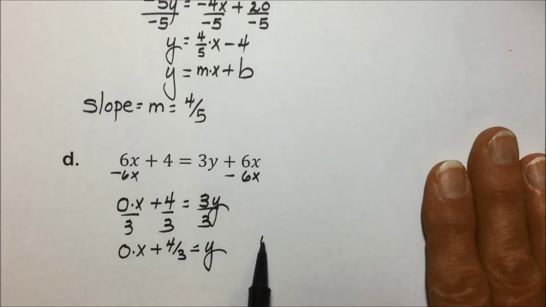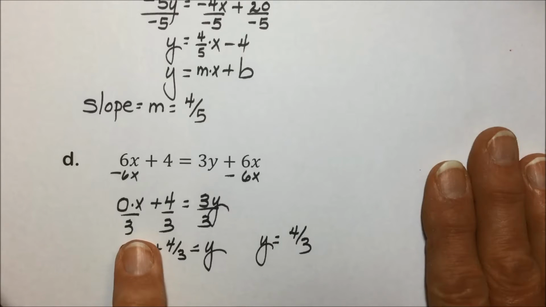Ultimately, this equation is y is equal to 4/3. 0 times x is 0, so we end up with y is equal to 4/3.